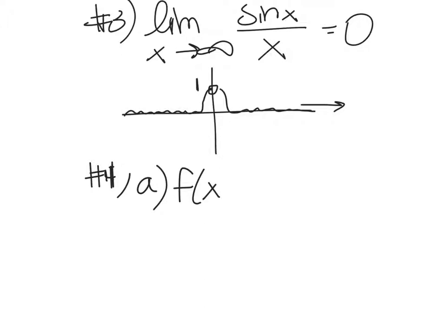All right, let's say that f of x is equal to x over the square root of x squared plus 1. So this is not a rational function, okay? The top is a polynomial, but the bottom is not because it's a radical. We're going to do two things.